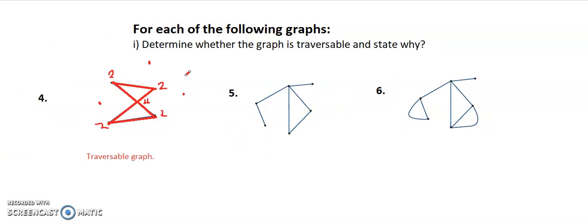Let's look at question 5. So question 5 again, if I look at the amount of degrees, I've got 1, 2, 4, 1, 2, 2.